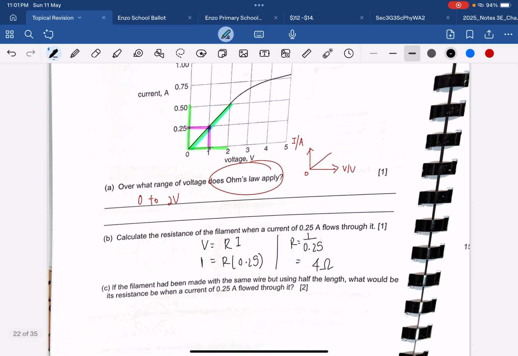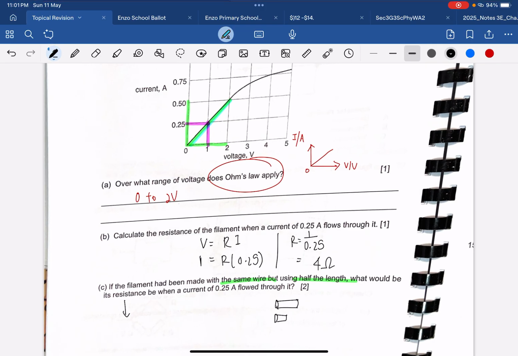Okay, so if the filament has been made with the same wire but using half the length, so the thickness is the same, and now I'm only using half the length, what will be the resistance? So the resistance will drop, because of the lower length.